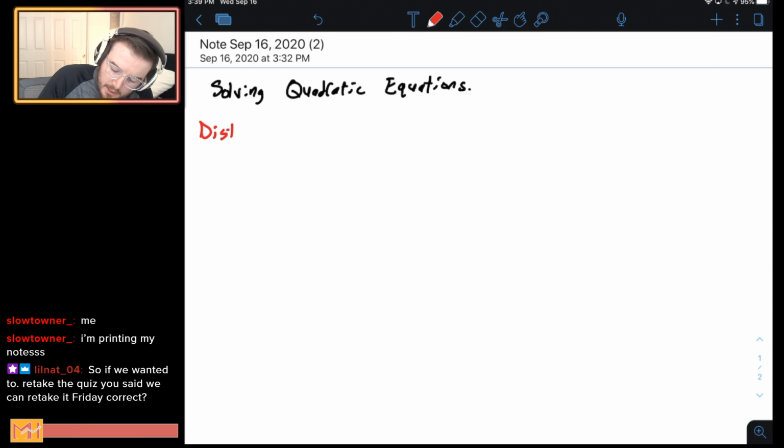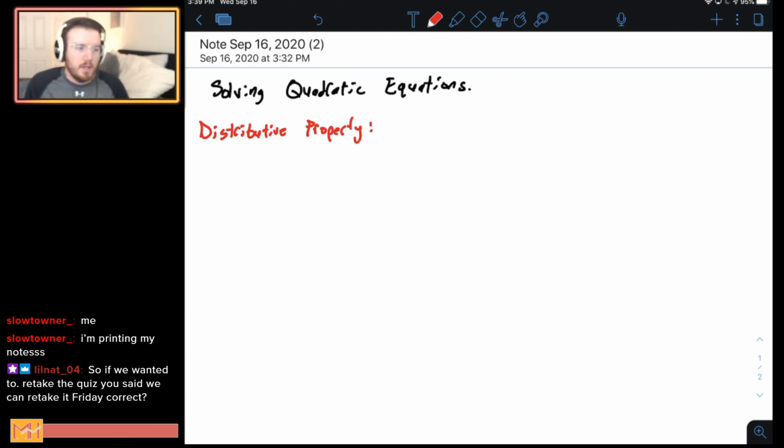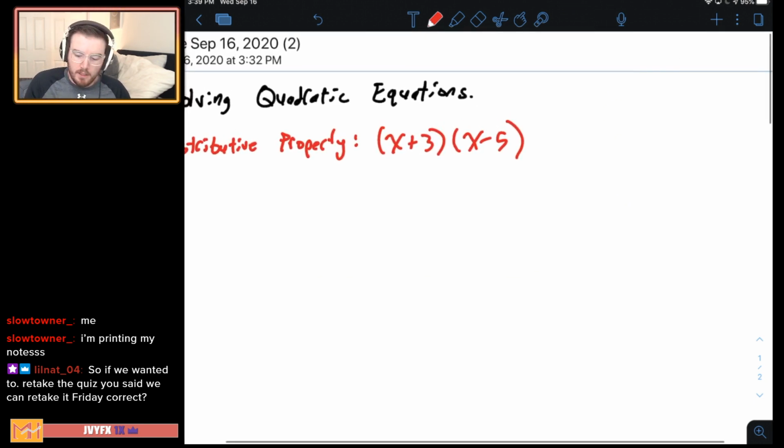Let's remember the distributive property. Let's say I had this right here, and I said multiply those two things together.